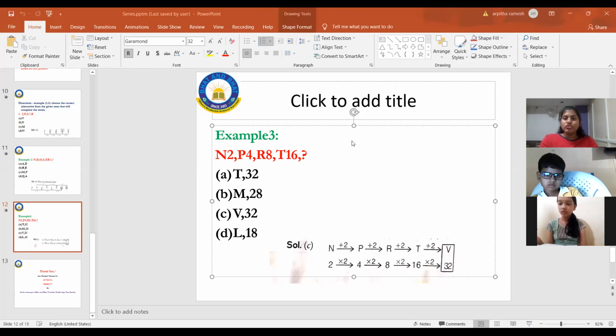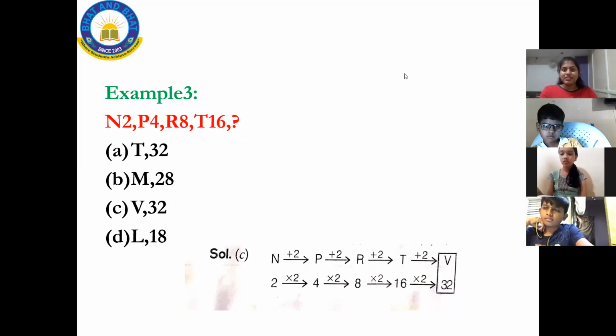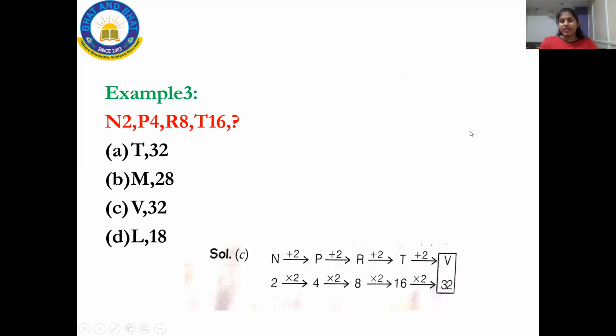Wait, so this one we have started. Listen to me. What is my first step? My first step is to take down the question as it is, with all the numerics on one side and the letters on the other side. So let me do that properly. All numbers on one side. So listen here.